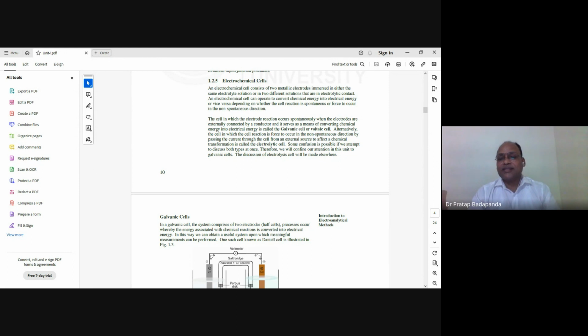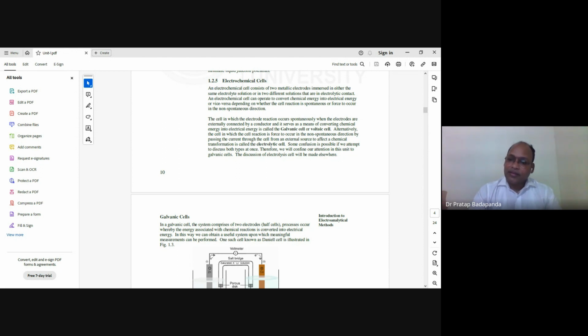Okay. Next, come to case number 3. When you put more than 1.1 volt to the galvanic cell from the external circuit, then what will happen? The behavior will be changed.